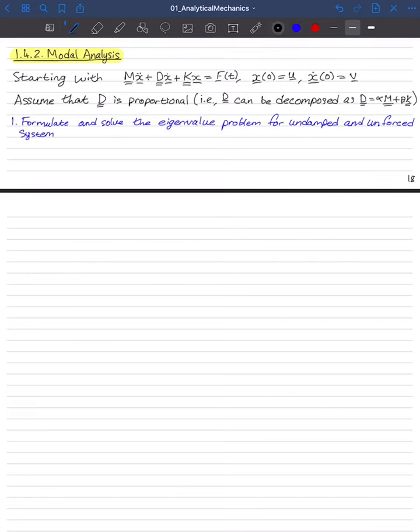So we're going to ignore the damping matrix and the forcing vector. To do this, we make the following ansatz.